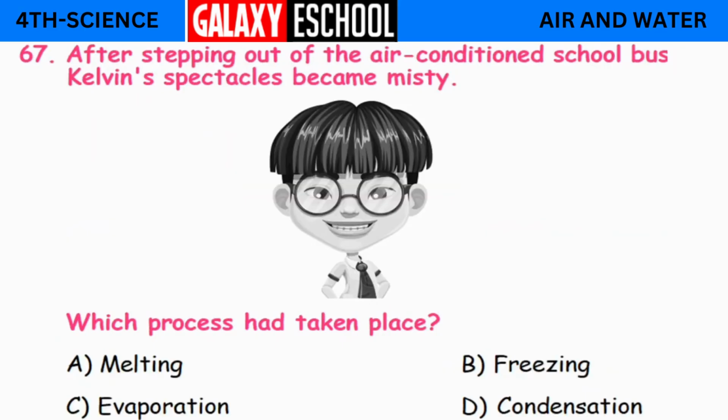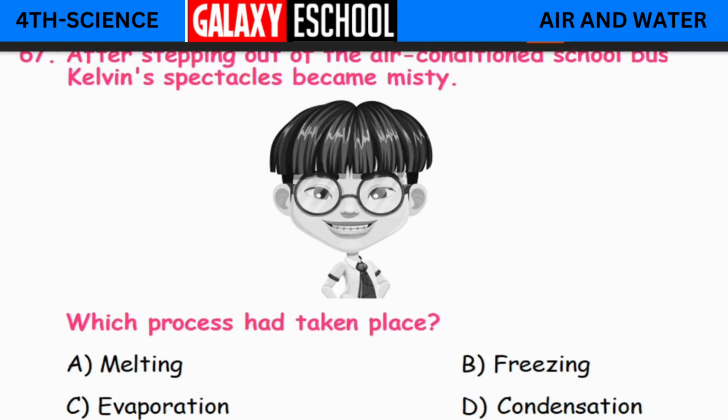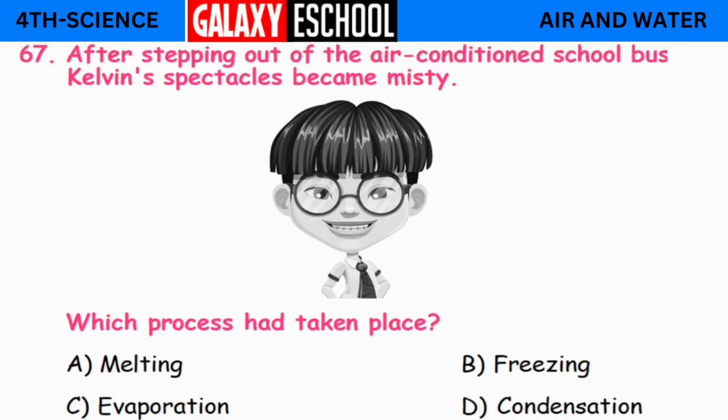Clear? 67th question. After stepping out of the air-conditioned school bus, Kelvin's spectacles became misty. Misty is what, children? It's like some type of snow or fog covered on the glass. It's not only on glass, you can see this anywhere.